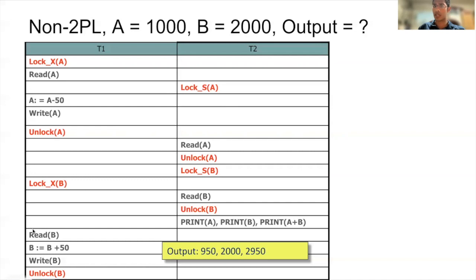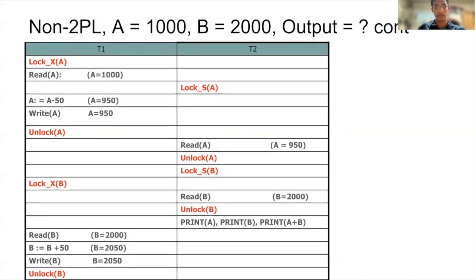So you can't say T1 came before T2, and you can't say T2 came before T1. So this isn't serializable in that case. There's no serial ordering. So this is a problem.